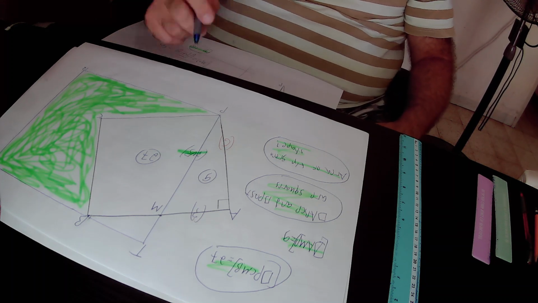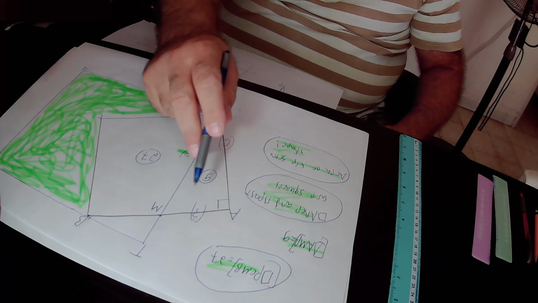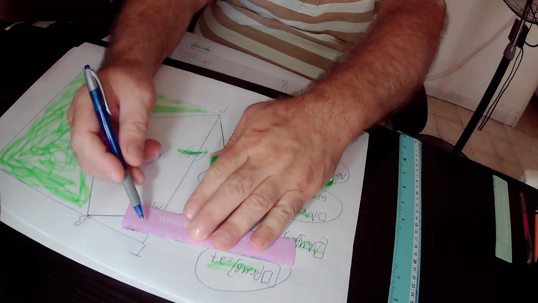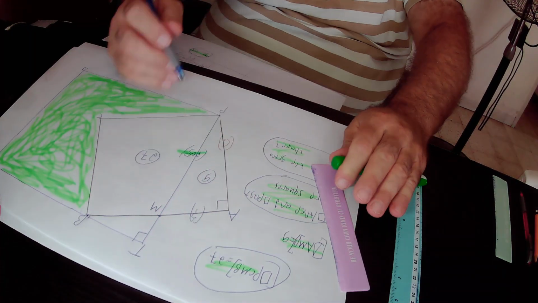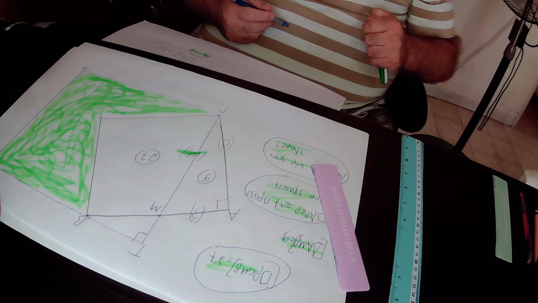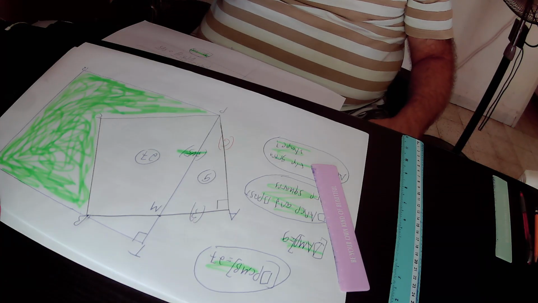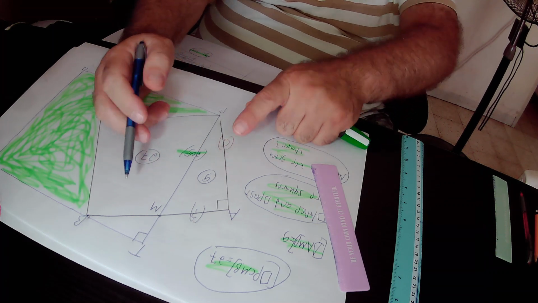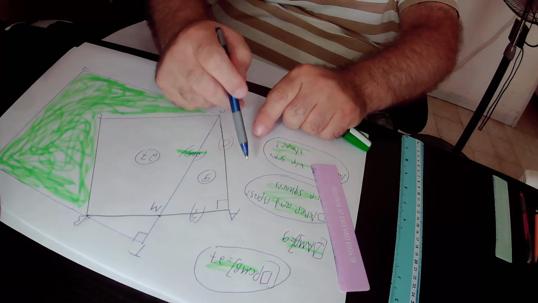We know that all the angles inside the square are right angles, so in the big square TSQP, this angle equals 90 degrees in its size. So we'll focus in the next step on those two right angles, TBM and the right angle APM.